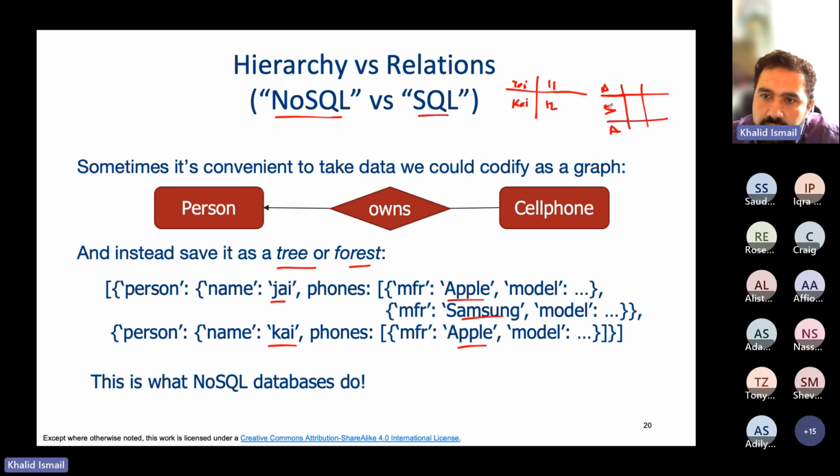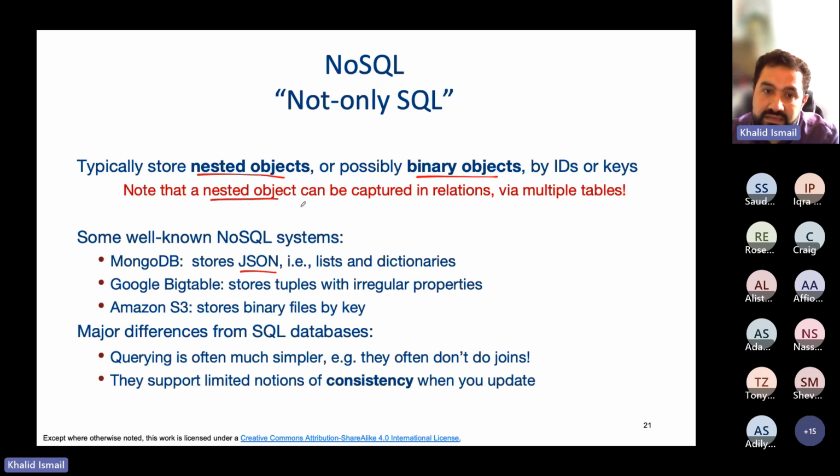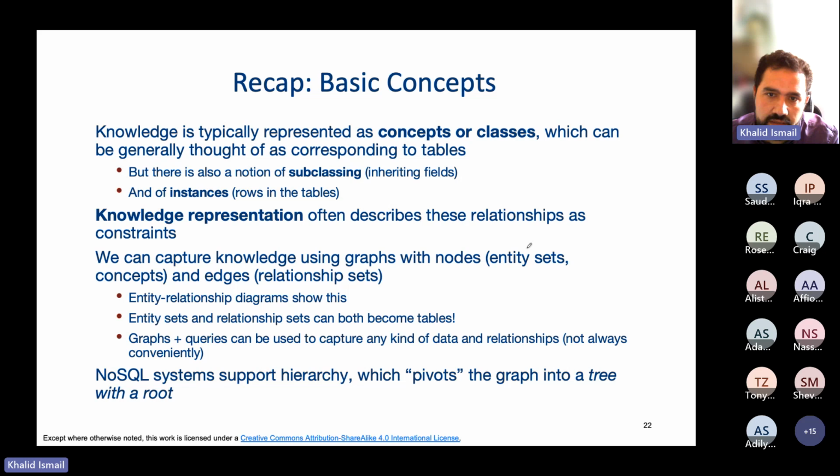And you can link these phones to Jai and Kai by simply having the ID of the person here, 11 and 12. Okay, so this is the way nested objects can be captured in relationships via multiple tables.